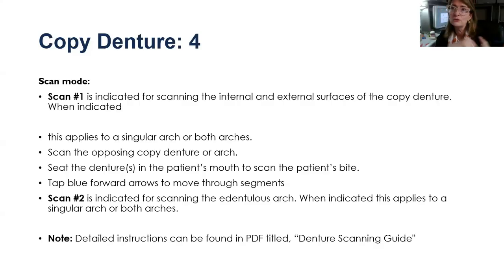So you're going to get 2 scanning opportunities for the operative arch. So let's say it's a maxillary denture that we're scanning for. Scan number 1 is going to be the scan of the existing denture that you're trying to copy. Scan number 2 will be of the edentulous arch.